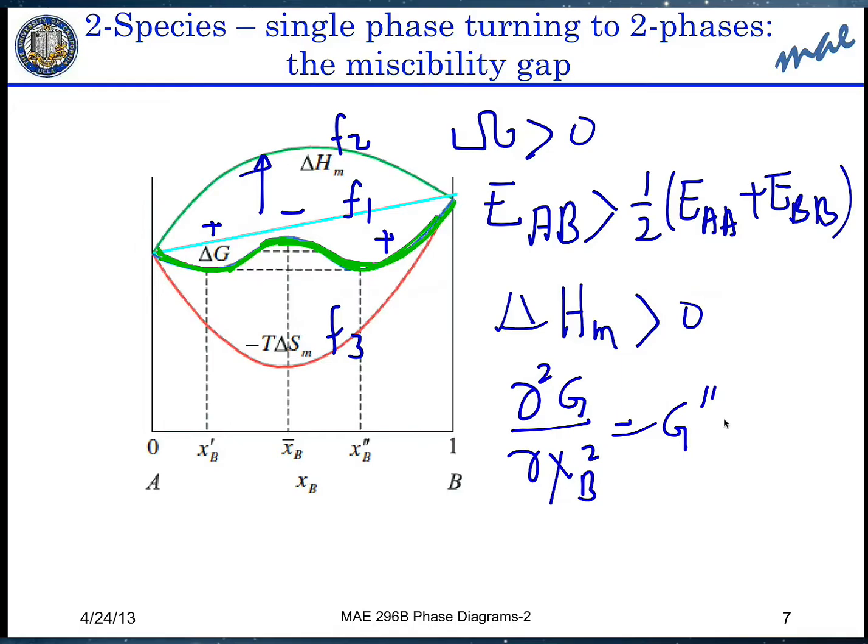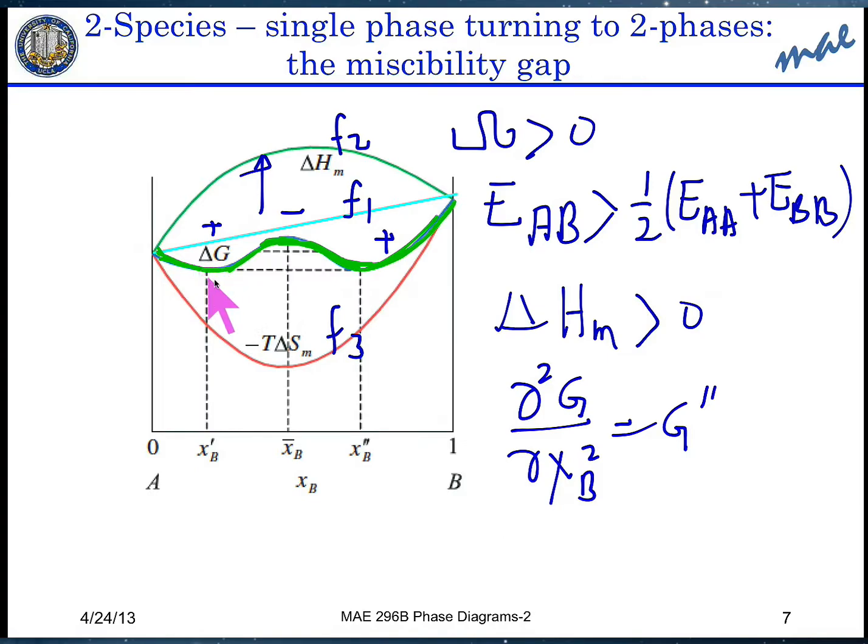And what happens here is that if you take a concentration at x sub B bar, then its Gibbs energy is right at this point here. And this point here is too high. It can actually split, and it can split into a concentration here, xB double prime, and a concentration at the other minimum, xB prime.